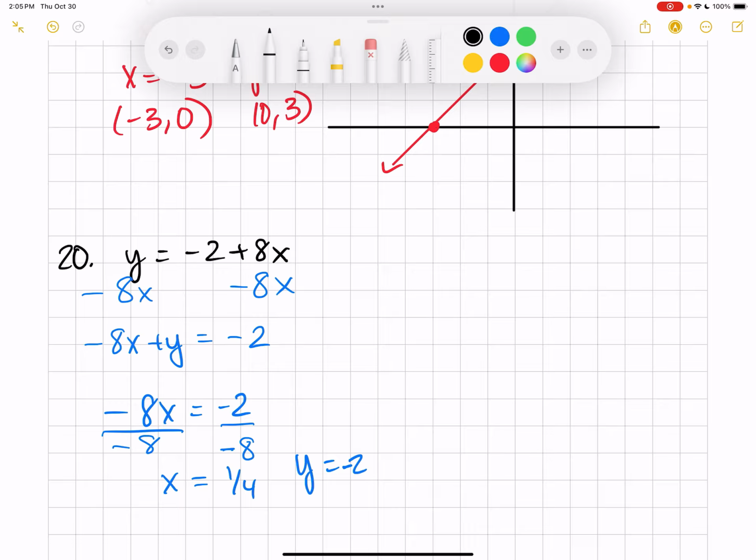So set up your graph. At x equal to 1/4, that means just a quarter of the way. It doesn't have to be perfect. I put a dot. And then on y at negative 2, I put a dot. And then I just connect them.